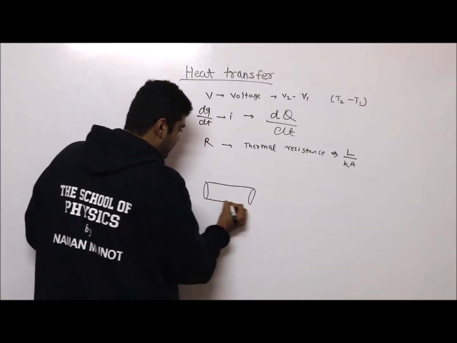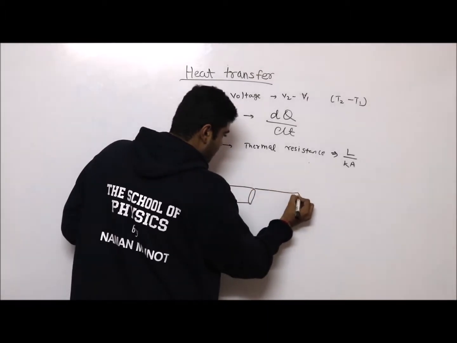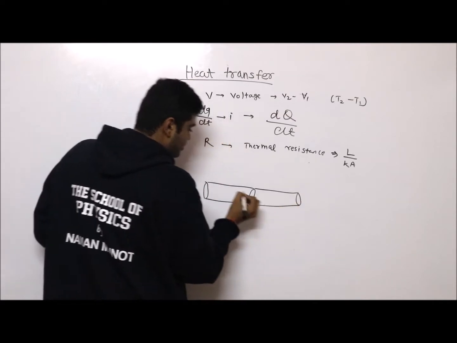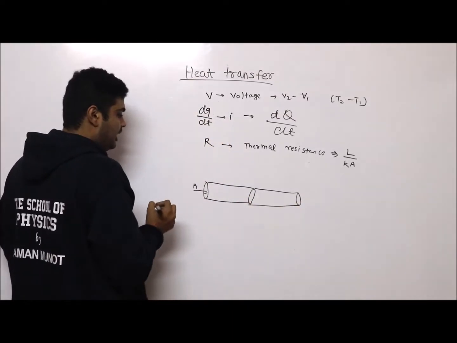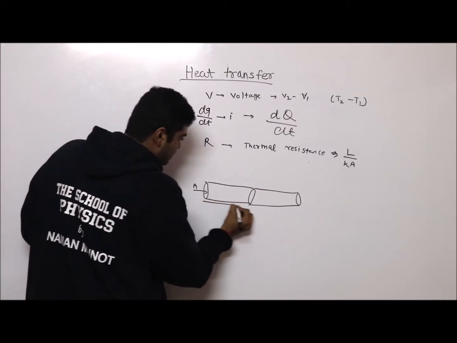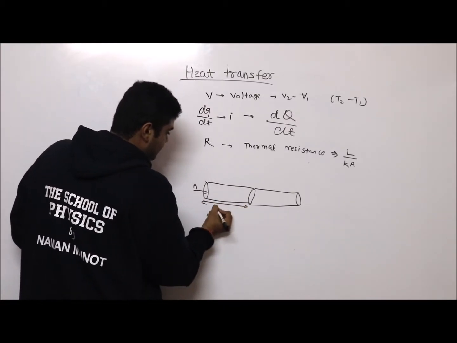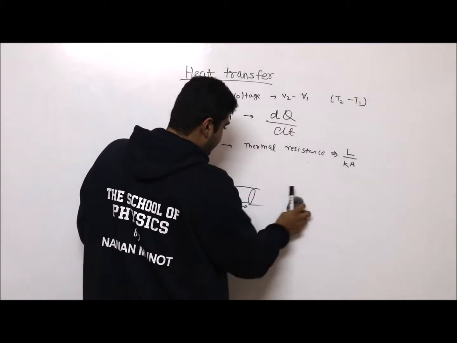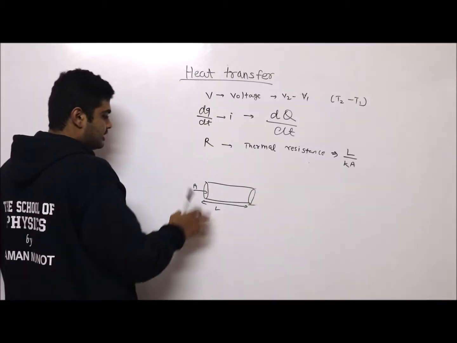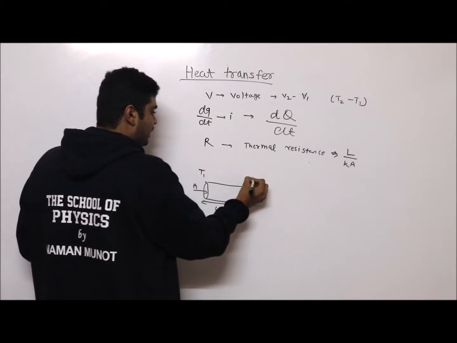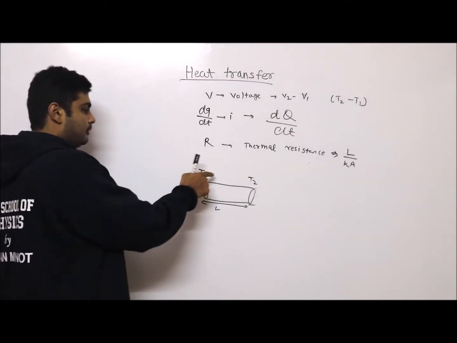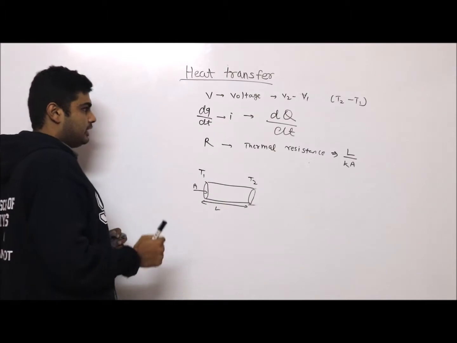You remember parallel and series. This area of cross section is area A and this length is L. Rather than connecting in series, first we do it like this. This length is L, and the temperatures go from T1 to T2.